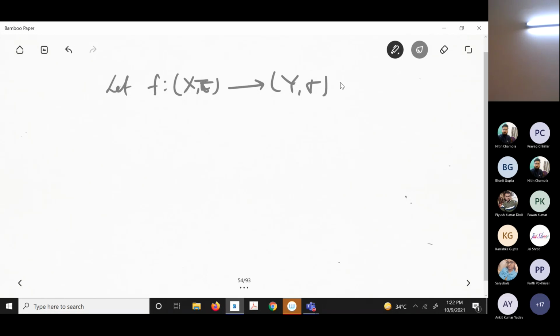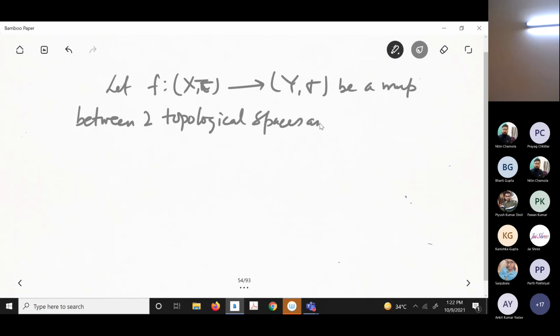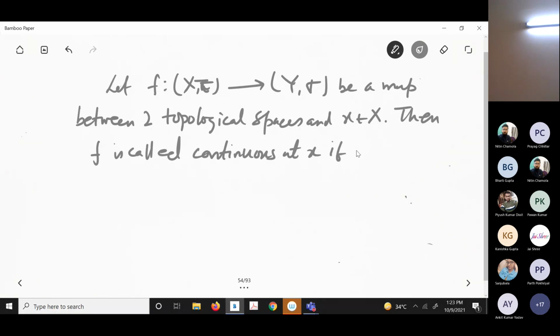Let f be a map between two topological spaces, where you have the topology, and x belongs to X. Then f is called continuous at x if, since I don't have the concept of distance, I'll have to do everything in neighborhoods.